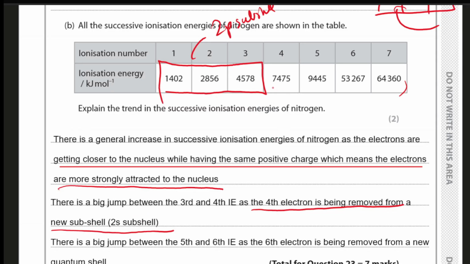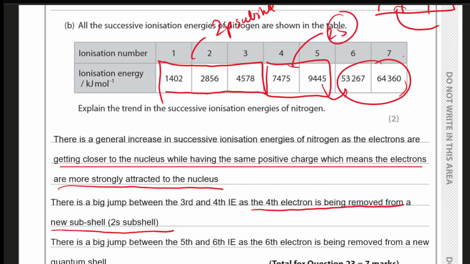Nitrogen has 2 electrons in 2s, so these are removed from the 2s subshell. And again we see a big jump between the 5th and 6th, so the 6th electron is removed from the 1s subshell, a new quantum shell.